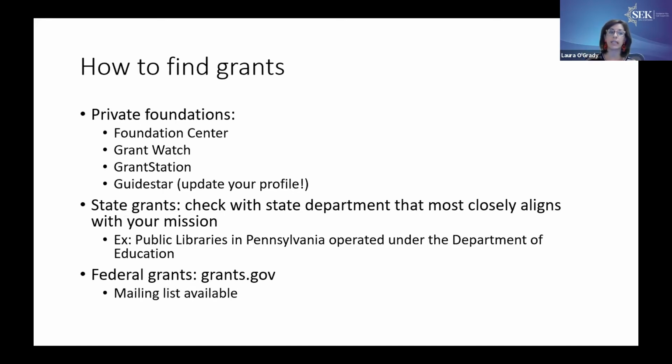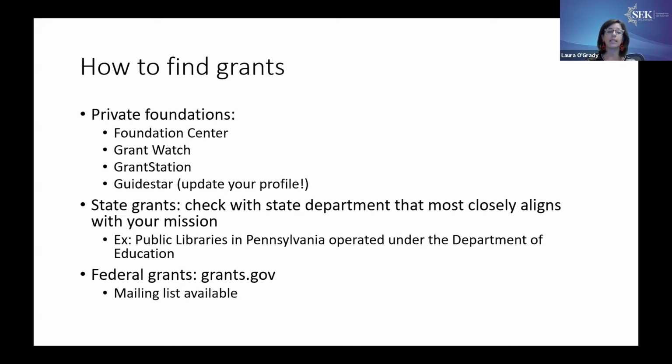GuideStar is a free resource that allows you to search for the 990s of different nonprofit organizations, which means that as a nonprofit leader, your organization has a GuideStar profile. And it's up to you to go in and update it. Sometimes grant makers will research your GuideStar profile to see how much transparency you've got in terms of uploading your board members, your leadership, your 990s.